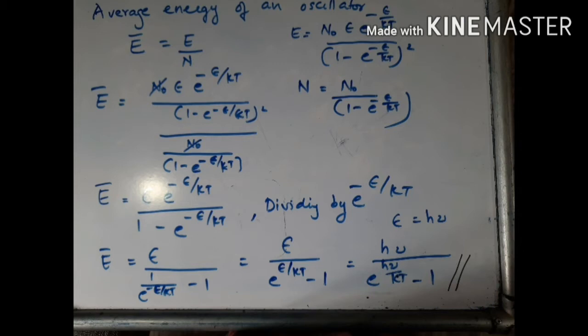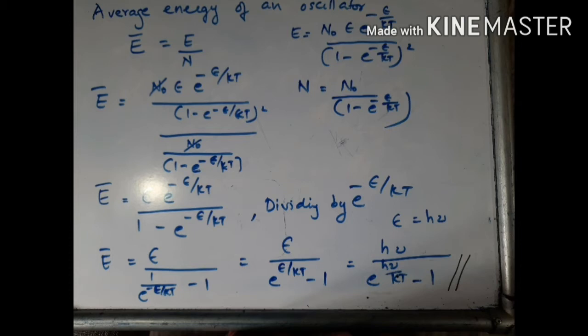And 1 by e raised to minus epsilon by kT can be written as e raised to epsilon by kT. So average energy is equal to epsilon by (e raised to epsilon by kT minus 1). And you know that from Planck's theory, epsilon is equal to h nu.